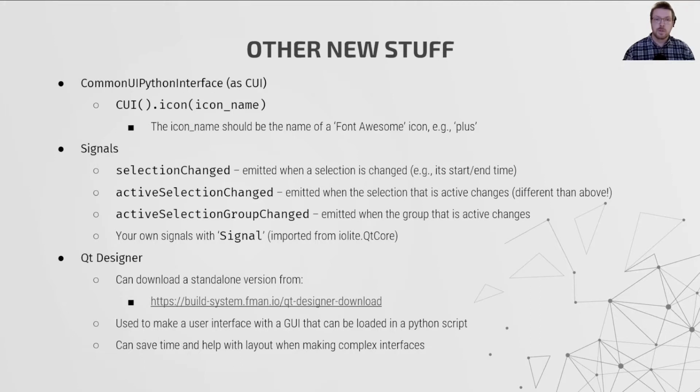Normally it's a program that comes with a full installation of the Qt SDK, but this is a rather large download and is not required in its entirety if you just want to make a user interface. So a standalone version of Qt Designer can be downloaded from the URL shown here, and we will use this in one of our examples so you can see how it can be done.